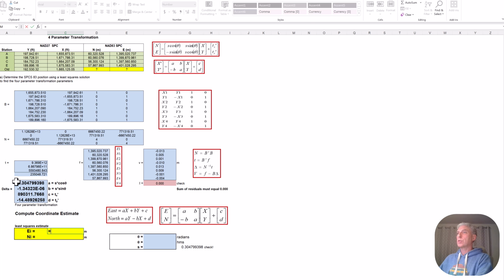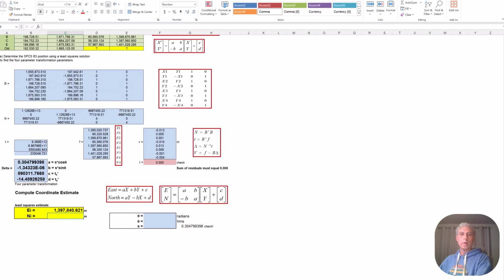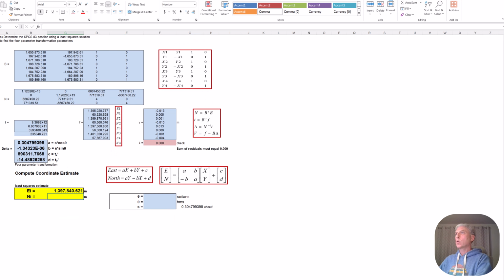So that equals A, which is right here, times x up there, plus B times my y value, which is up there, plus C. And there we have the coordinates of our first point.